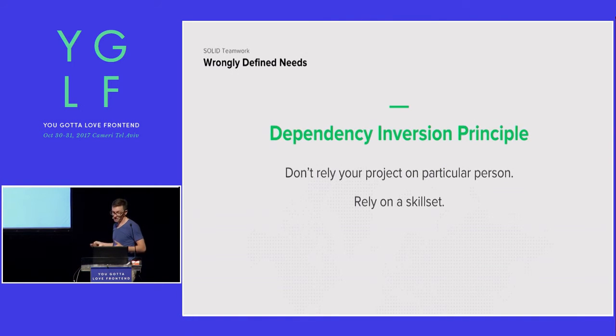And the solution for this is simple, and it's the dependency inversion principle. We shouldn't rely our project or our product on particular persons. We should rely our product on particular skill sets. So every time something goes wrong with our team, we know how to replace them.